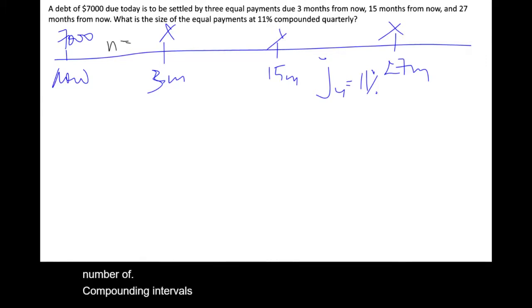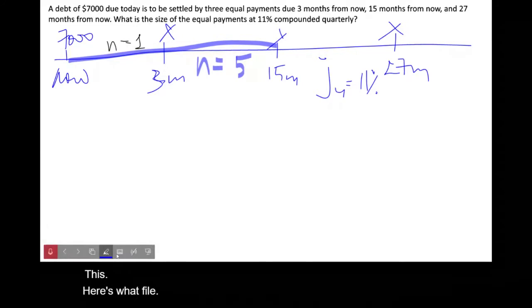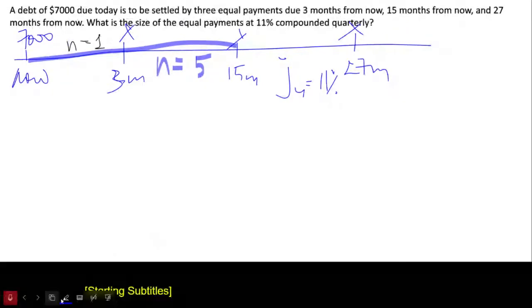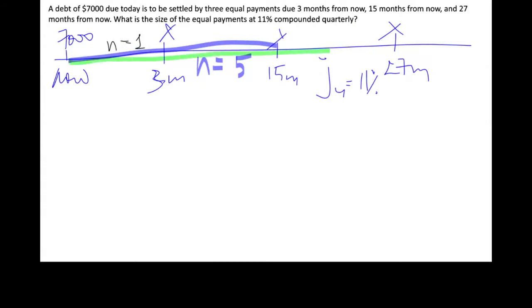So n is 1 here, right? Here, let me do this. N is what, 5? Right? N is 9. Yes or no, people?